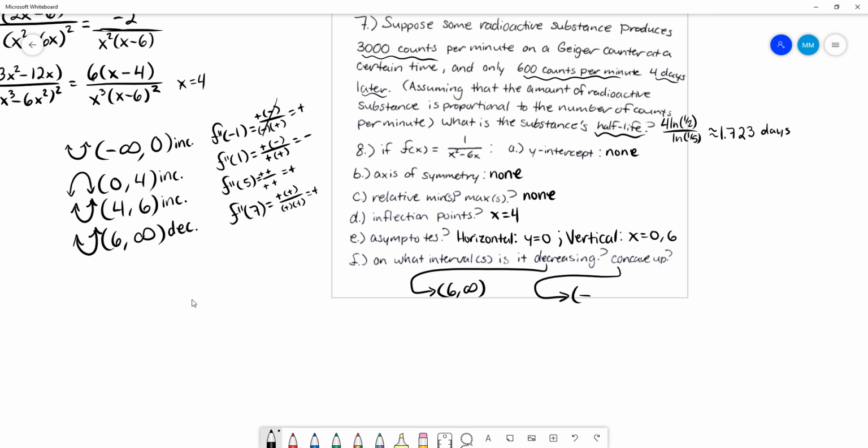So it's going to be concave up from negative infinity to 0, union 4 to 6, union 6 to infinity. And the reason I did not combine these intervals is because those weren't critical points. This is just simply outside of our domain, which means we can't include it in any intervals. So keep that union there.